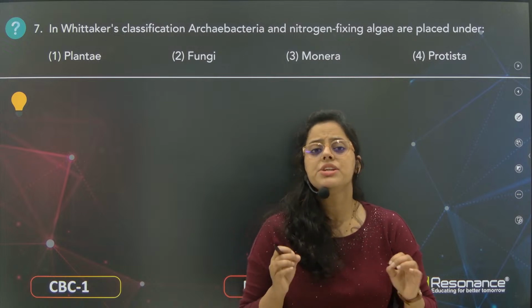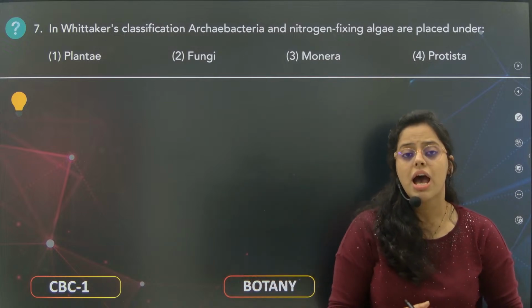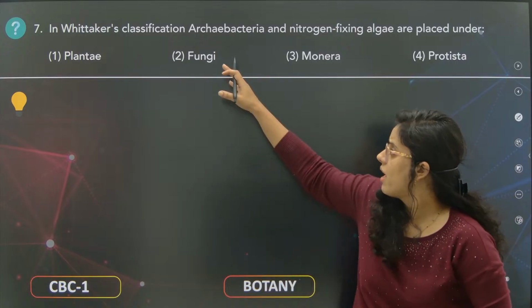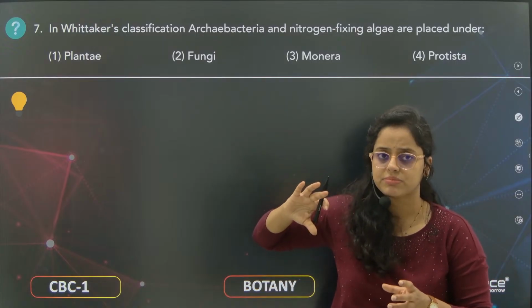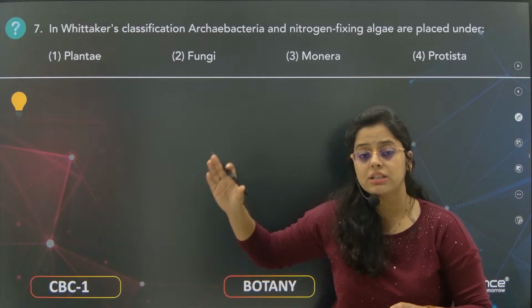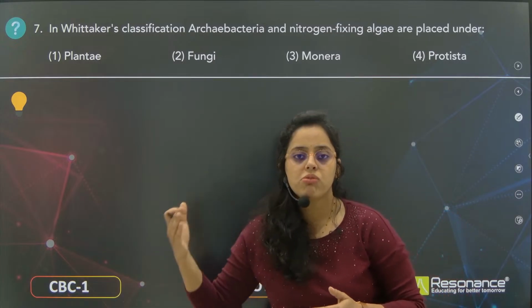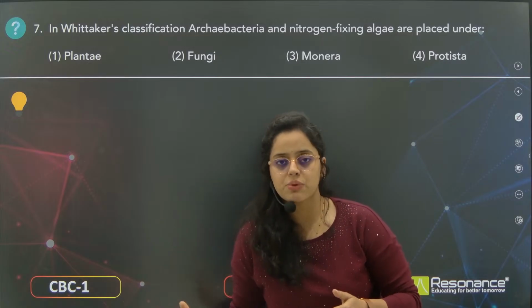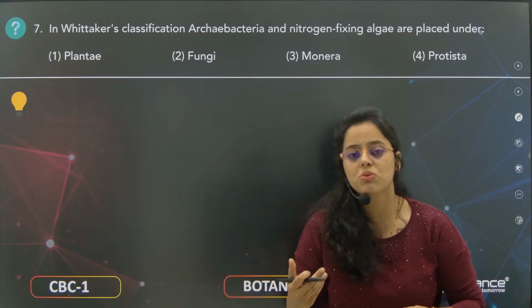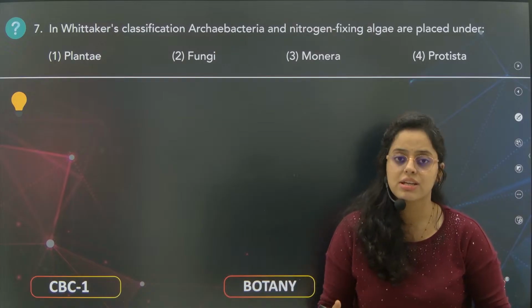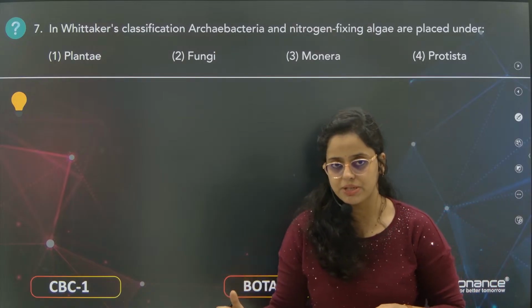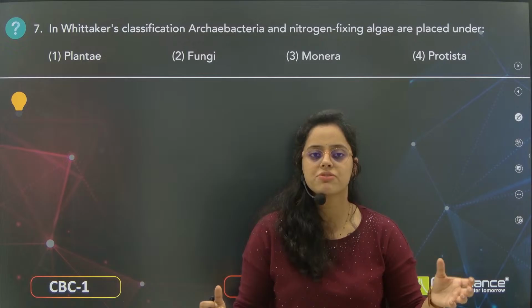They can tolerate high temperature, high pressure, or high pH. Now coming to nitrogen fixing algae, which can perform photosynthesis and fix nitrogen, these are also called blue-green algae or cyanobacteria, which are more developed as compared to archaebacterial structures.